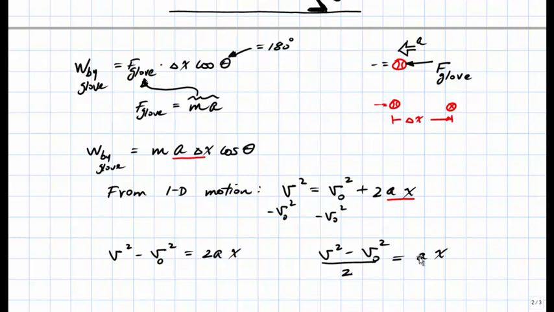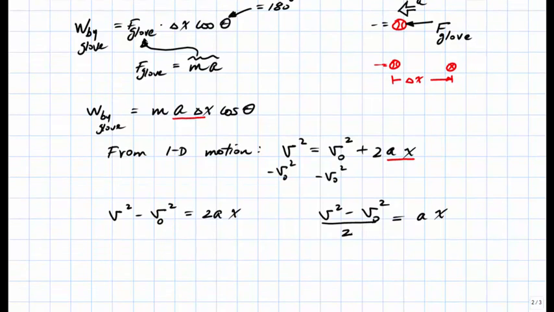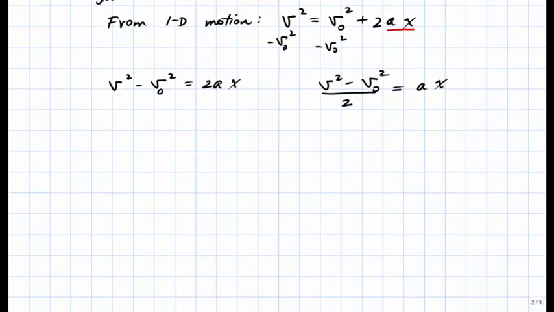And that's because the acceleration has to be introduced as a positive value, or its magnitude has to be incorporated into the equation and not its sign. And so because of that, we're forced to eliminate the negative 1 that results from the cosine of 180. So if we modify the work equation, it'll look like this.